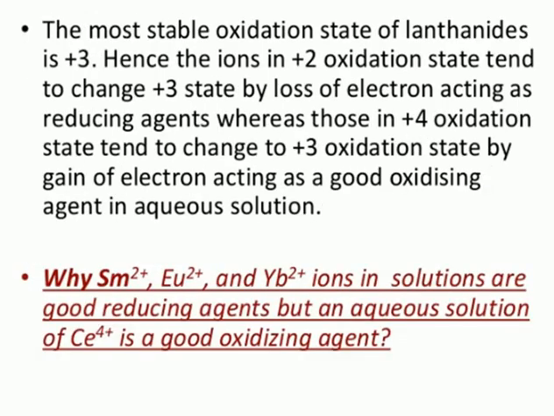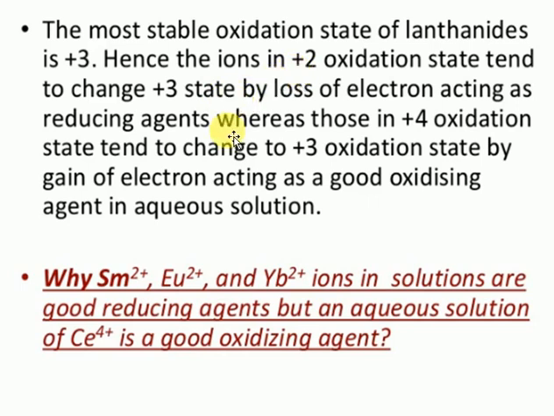Next, the most common oxidation state of lanthanides is +3. Hence the ions of +2 oxidation state tend to change to +3. Some +2 ions can lose one more electron and become +3.